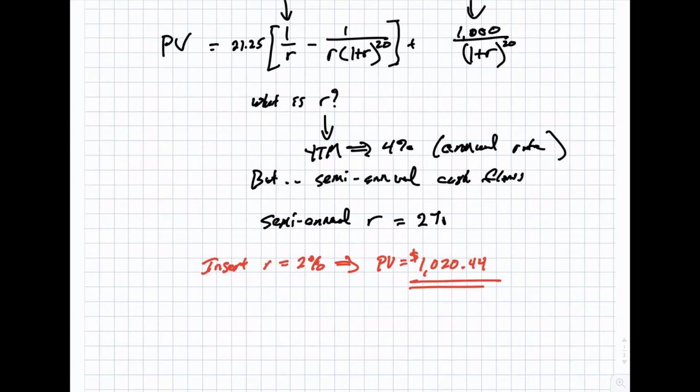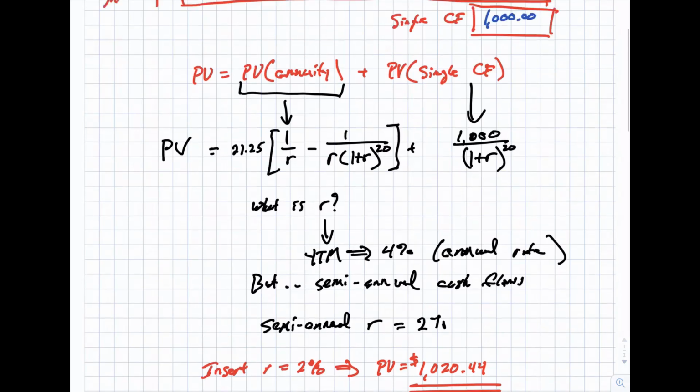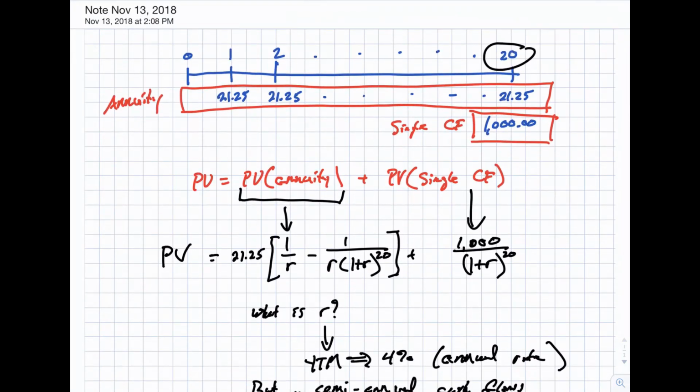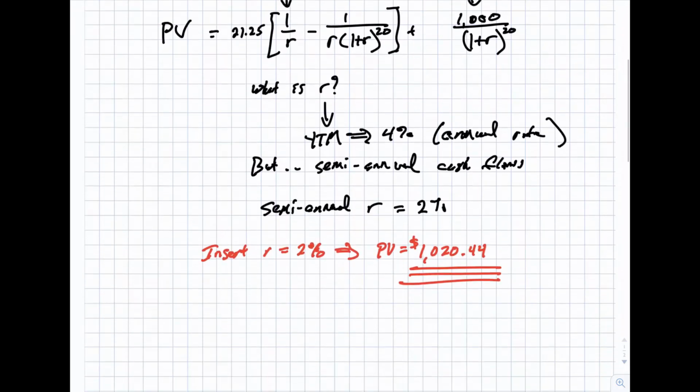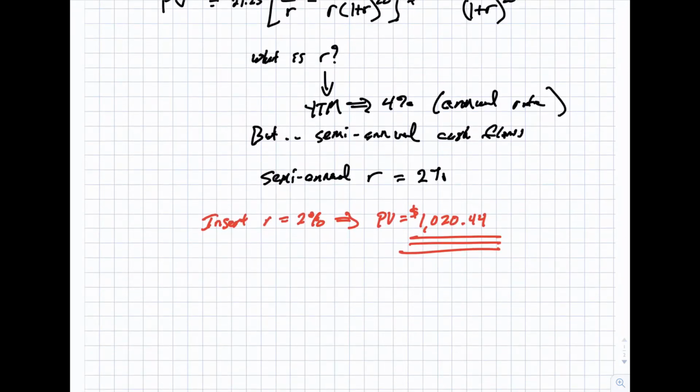And so what does that tell us? Well, that tells us that this bond with a yield to maturity of 4% should have an approximate price of $1,020.44.